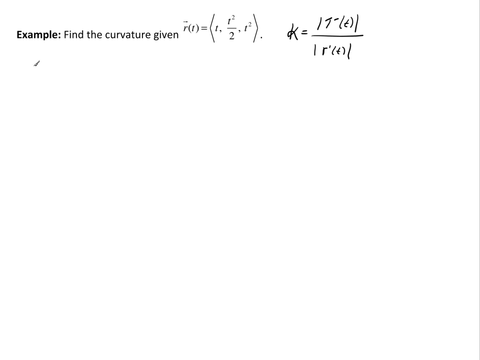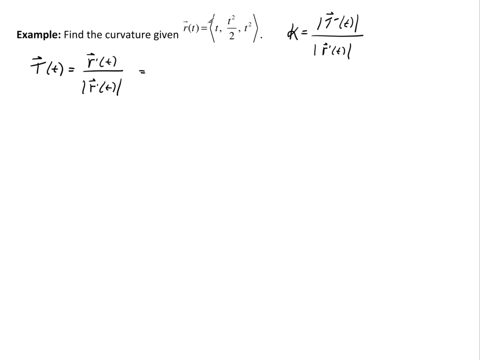So first of all, let's go find the unit tangent vector. And remember, these are vectors, just as a quick reminder there. The tangent is going to be r prime of t divided by the magnitude of r prime of t. And again, even though I'm not going to keep writing these all the time, as a reminder, those are in fact vectors.